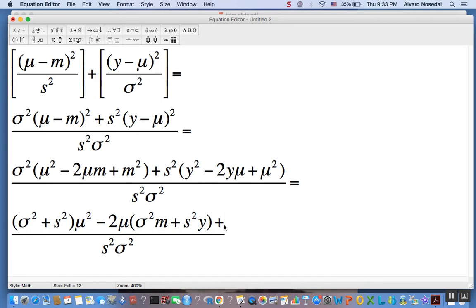Let's do the last 2 terms. It would be sigma squared times m squared. Okay? So we have sigma squared times m squared plus s squared times y squared, right?